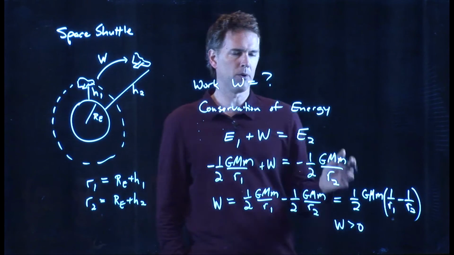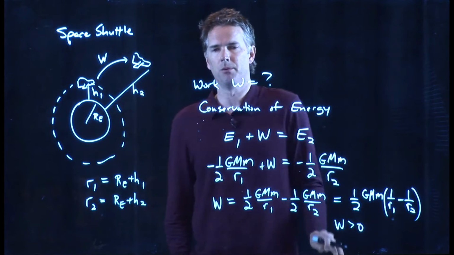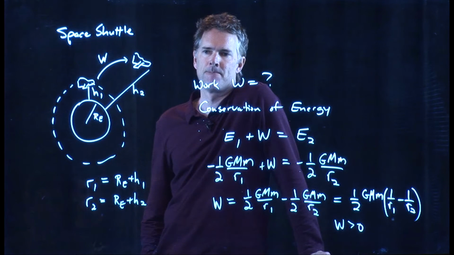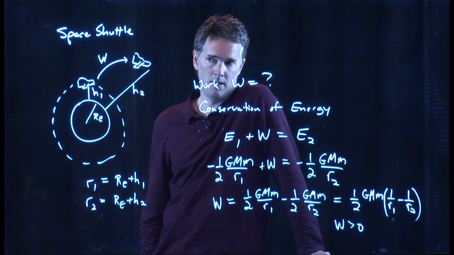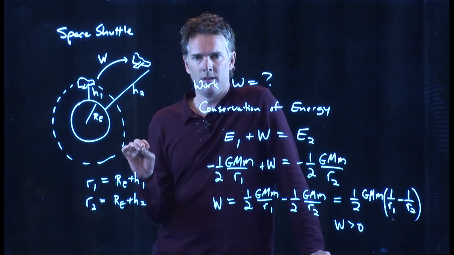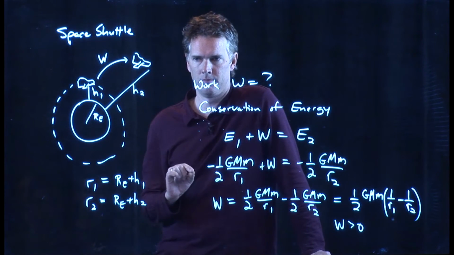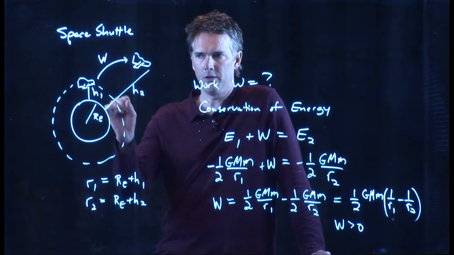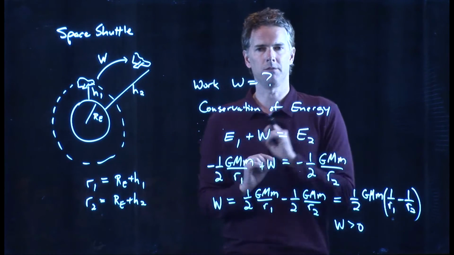So, when we did this problem a second ago, is this the answer that we came up with? We just did the same problem a second ago, but we did it slightly differently. How did we do it? We integrated the force over that distance. And when we integrated the force over that distance, did we get the same answer?